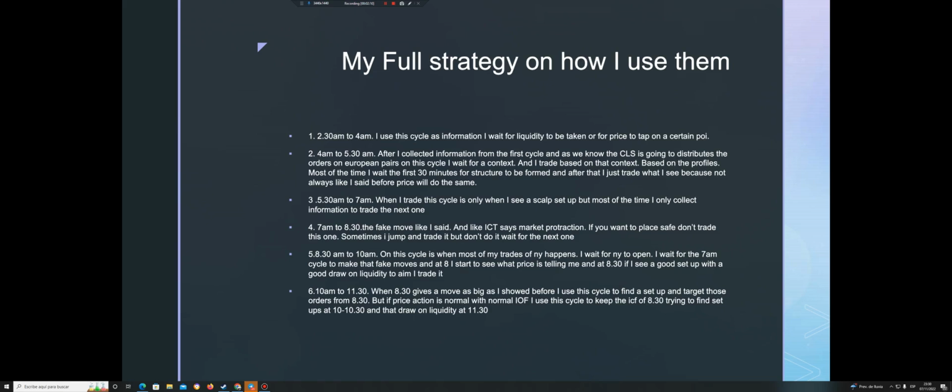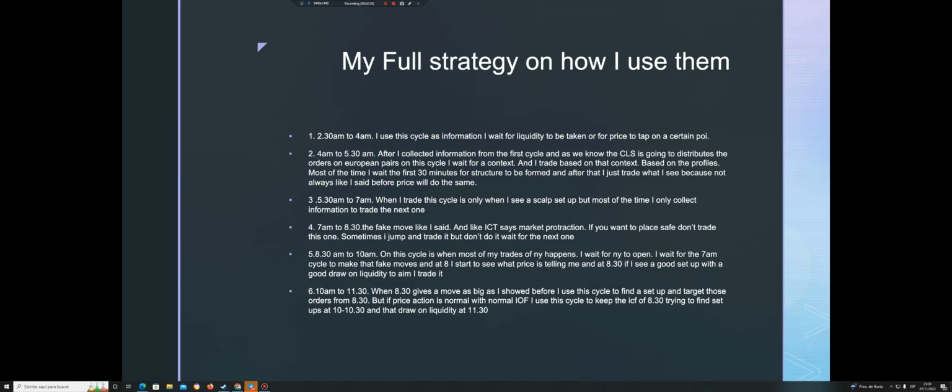Okay, now the next cycle between 5:30 to 7, when I trade the cycle, it's only when I see a scalp setup. But most of the time I only collect information to trade the next one. Now this cycle, you can trade this cycle based on that there is always going to be a setup or drawn liquidity every 90 minutes.